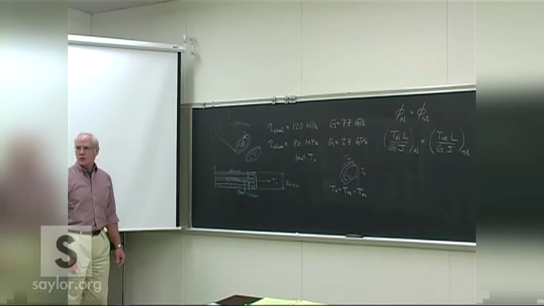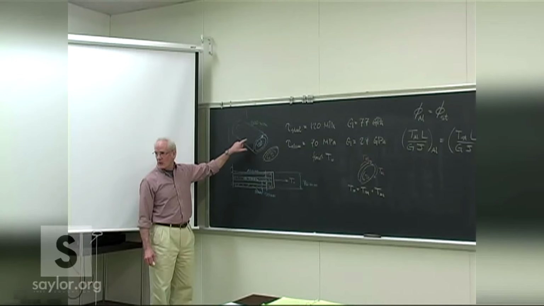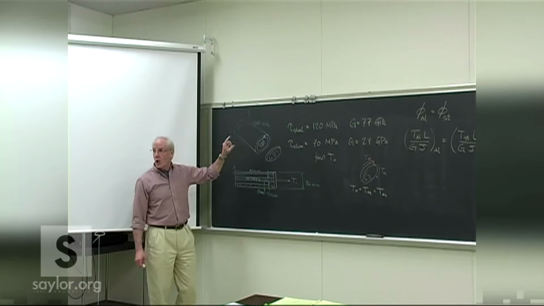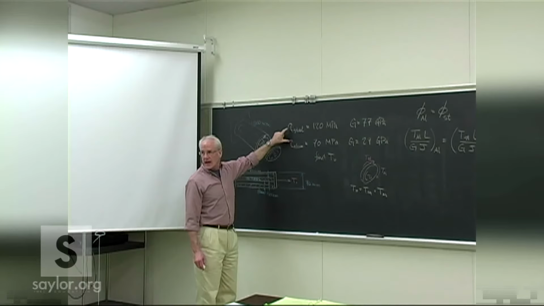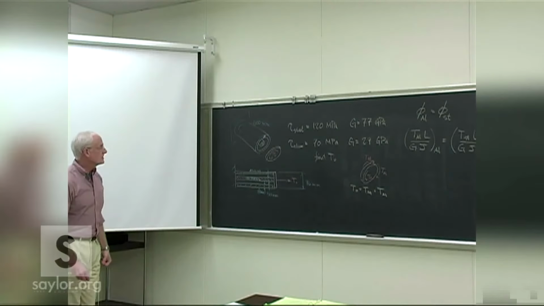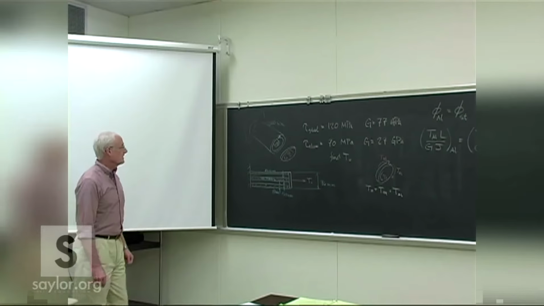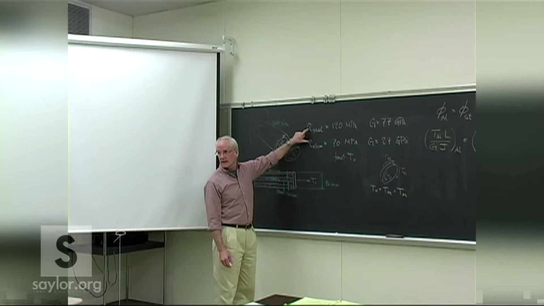Now this is one where, since we have two materials, I hope we have a feel that even though they have limits on the stress, they're not going to be at the same stress level at the same time, and there's going to be one situation that dominates.